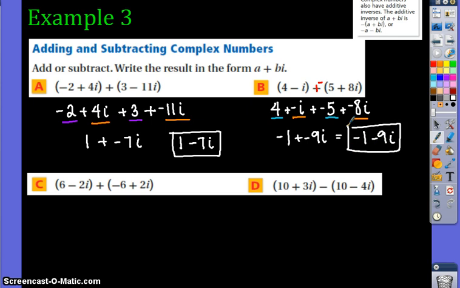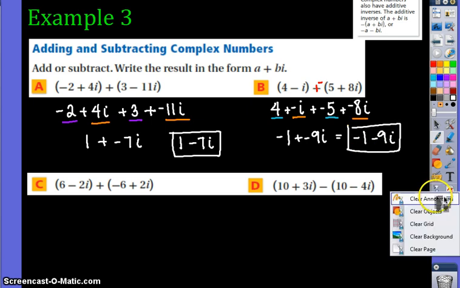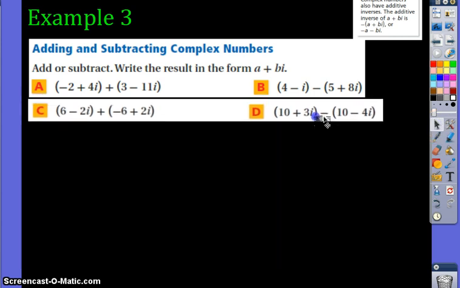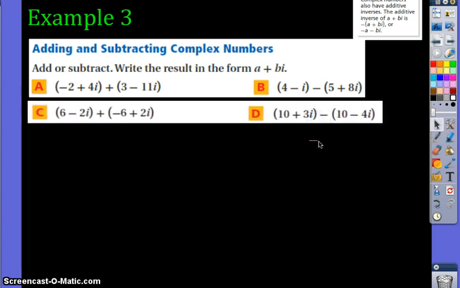All right, next up, I'm going to erase that and pull this up. 6 minus 2i plus negative 6 plus 2i. So again, we're adding here, so we need to distribute a negative. So 6 minus 2i plus negative 6 plus 2i. Let's combine our like terms.